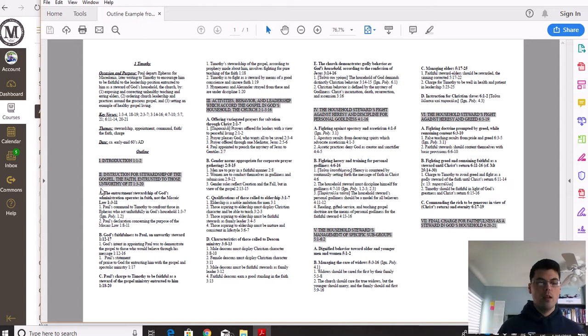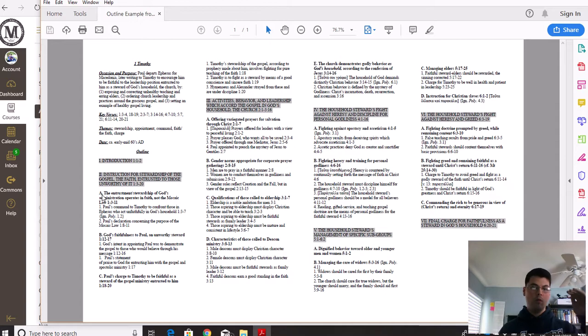For the second, you notice we have an A, and this is important. For every A, there must be a B. Okay? There must be a B. By nature, subdivisions in an outline are dividing a larger whole into two or more sections.